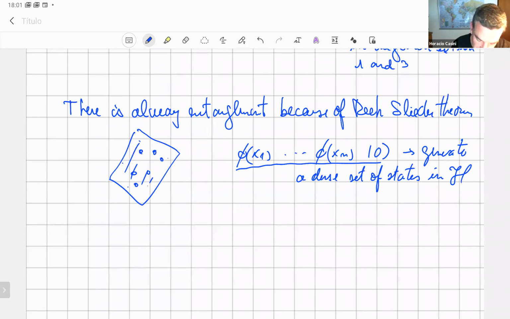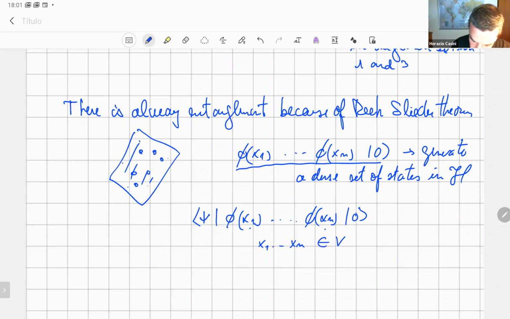It must be the case then that there is some state that is orthogonal to all this, for any points inside the region. And this is 0, right?